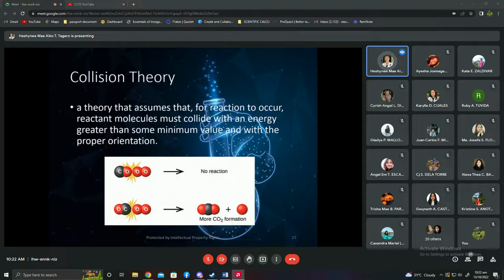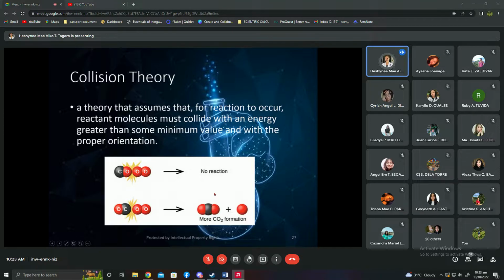Shown on the slides are two collisions that might take place between carbon monoxide and oxygen molecules. If you notice here in the first example, carbon on the left side of the oxygen molecule plus the oxygen molecule will have no reaction because the orientation is wrong.